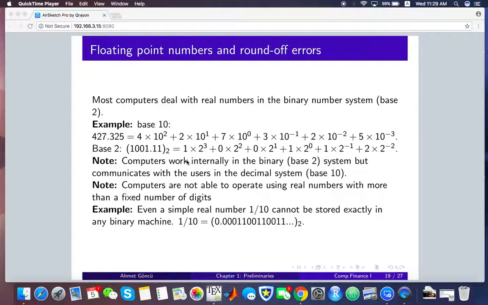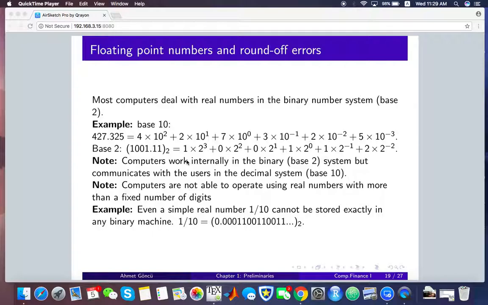Most computers work internally in base 2, the binary system, but they communicate with the user in base 10, which we are more used to. And computers are not able to operate using real numbers with more than a fixed number of digits, because the memory in the computer must be fixed. It is not infinite.